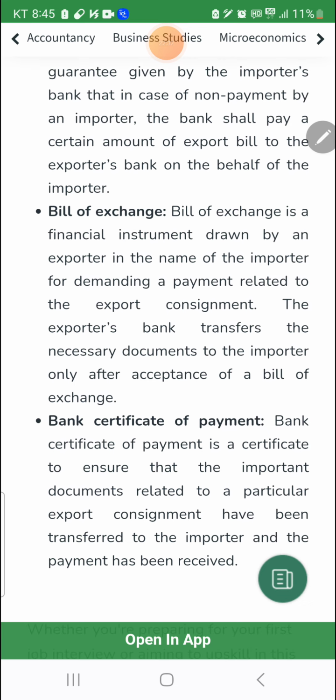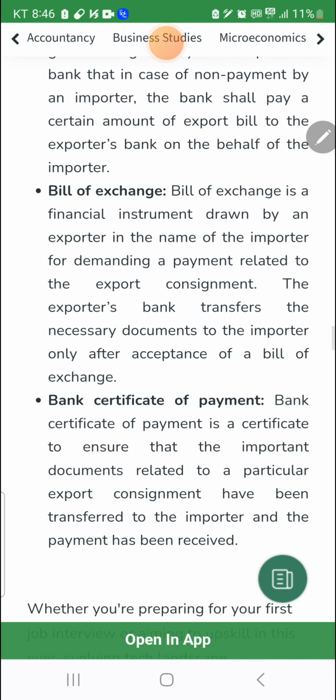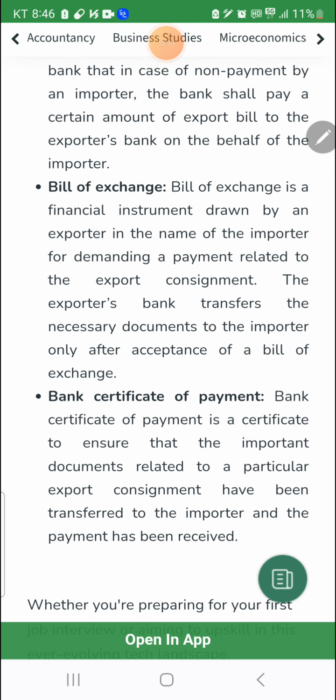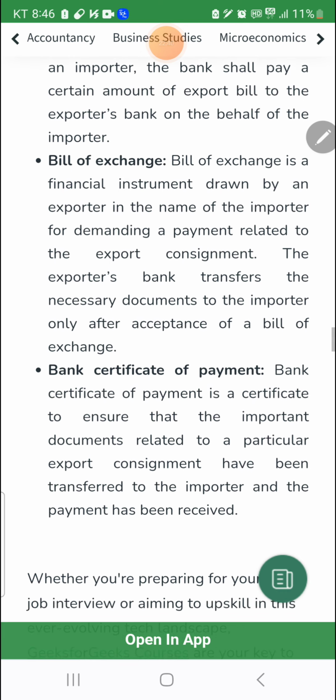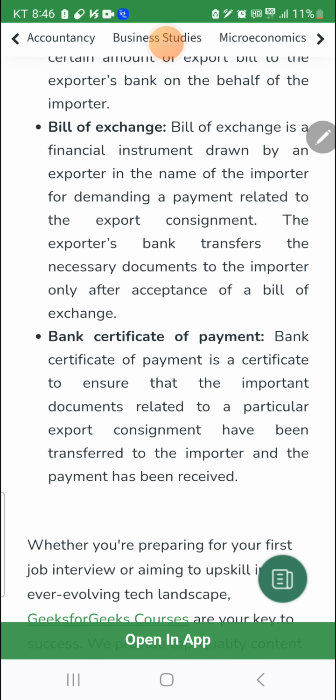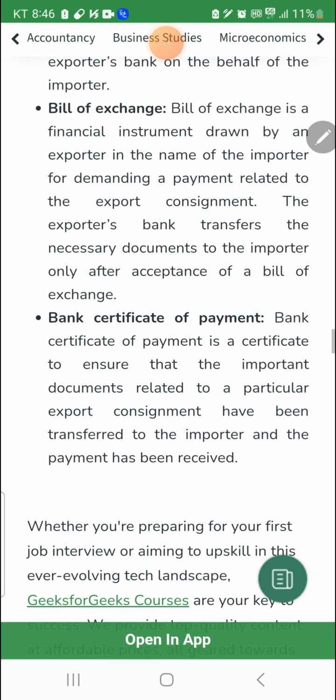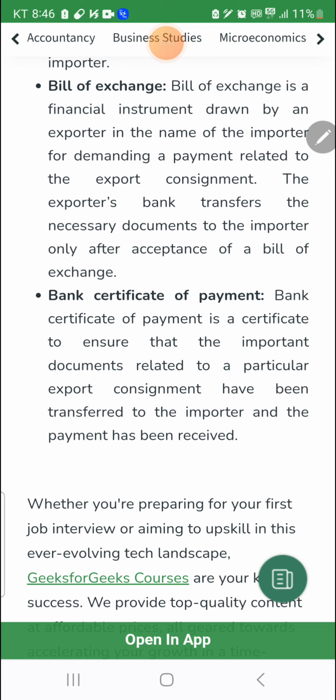Bill of exchange. Bill of exchange is a financial instrument drawn by an exporter in the name of the importer for demanding a payment related to the export consignment. The exporter's bank transfers the necessary documents to the importer only after acceptance of a bill of exchange.